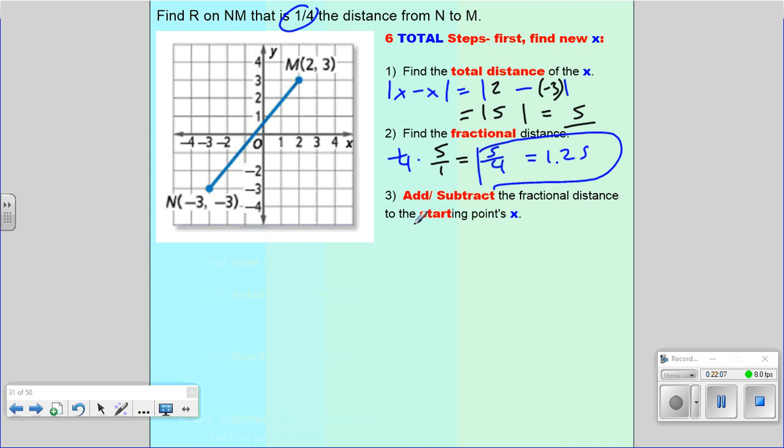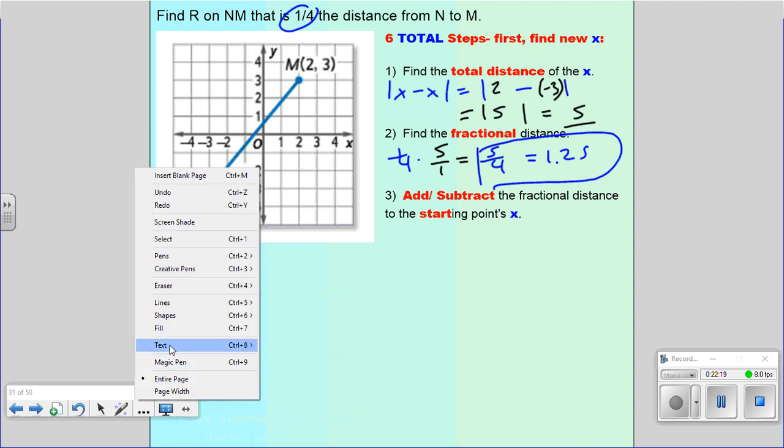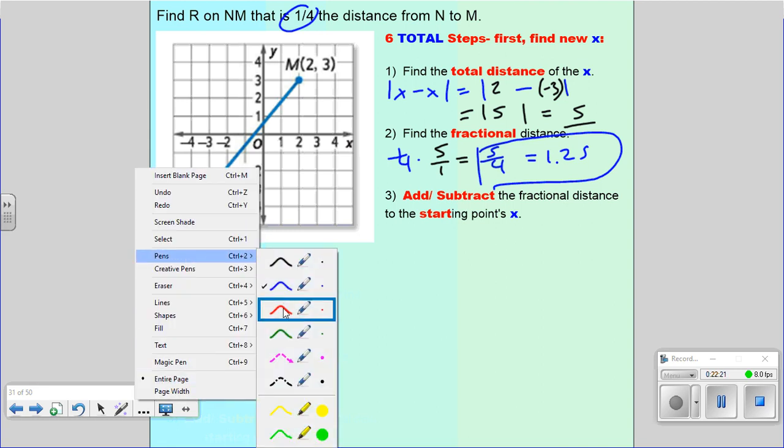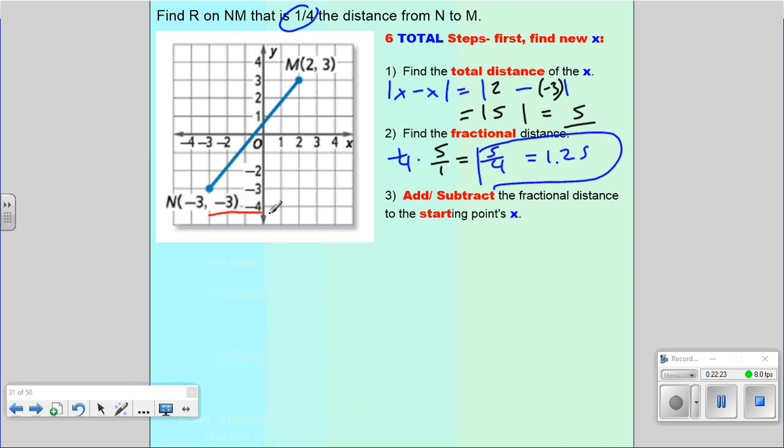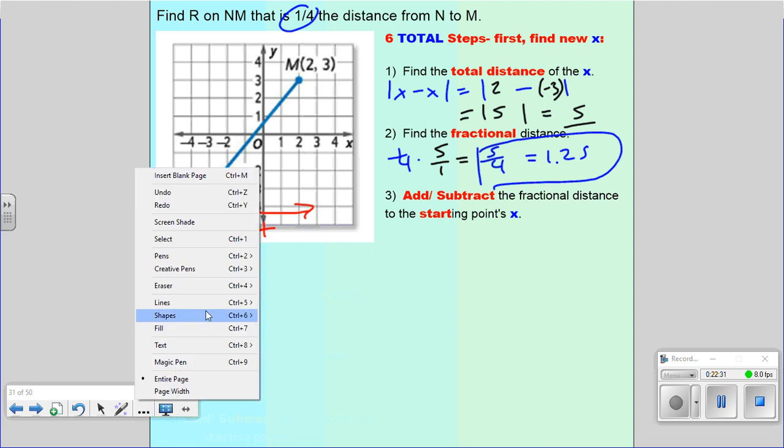And the last stage on finding our new x is to add or subtract to the starting x. So we're moving from N to M. So we're moving towards the right. So since we're moving in the positive direction, we're going to add in this case.